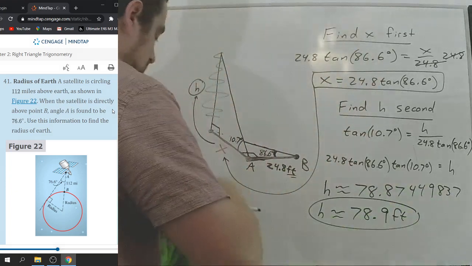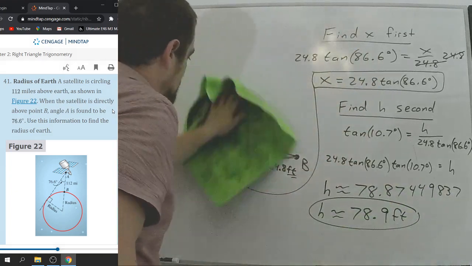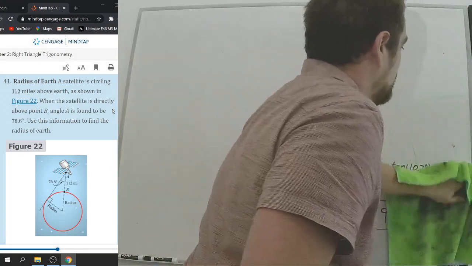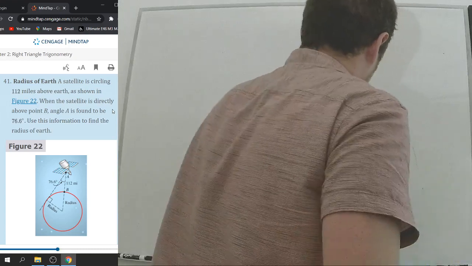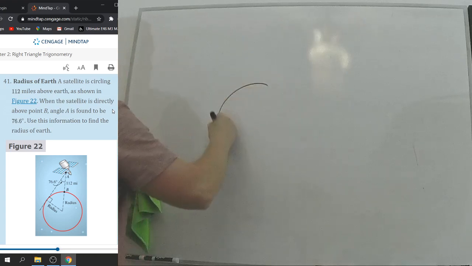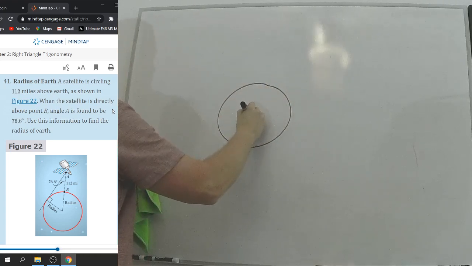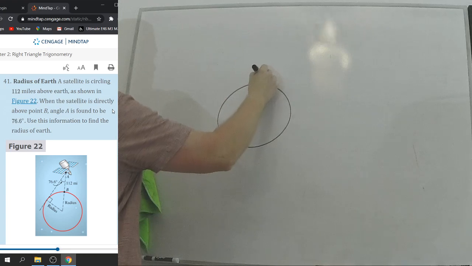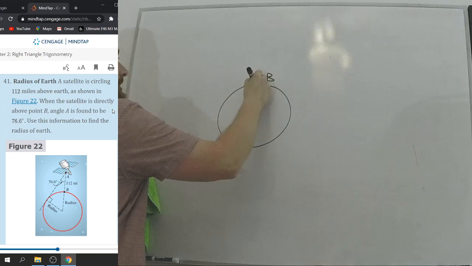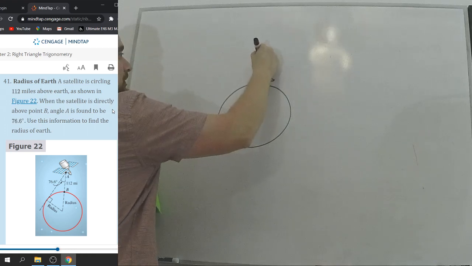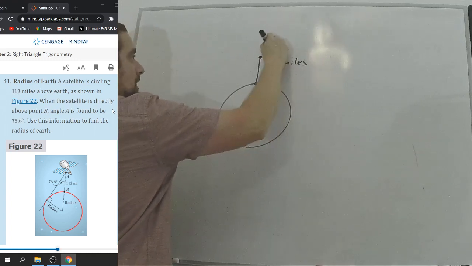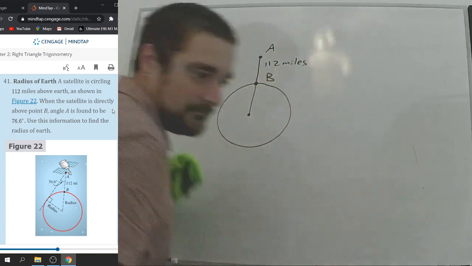So I'm going to redraw the figure because, again, I want to see if I can get some space and fill in some information, play around with it. So there's our Earth radius. We're going to go straight up. That's what they're calling point B. We're going to keep traveling above the surface of the Earth another 112 miles to get to point A, where the satellite is.